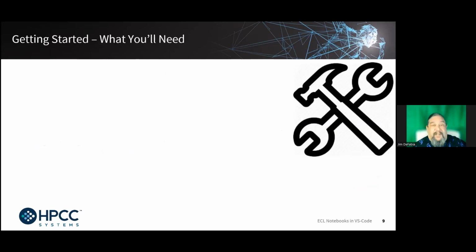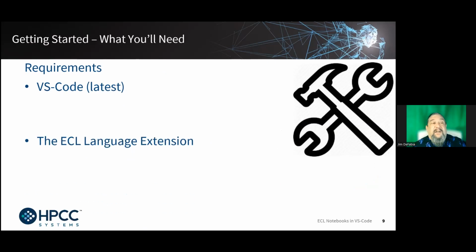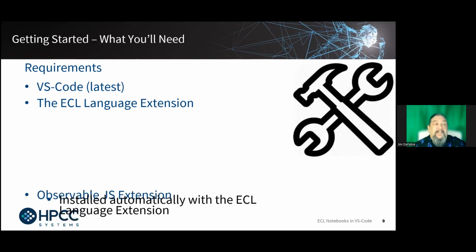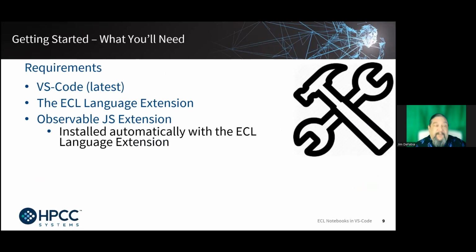So what will you need? Well, the first thing obviously is VS Code, and we recommend that always be the latest. The ECL Language Extension for VS Code, which is available from the VS Code Marketplace, very easy to install. You'll also need the Observable JavaScript Extension, or OJS.